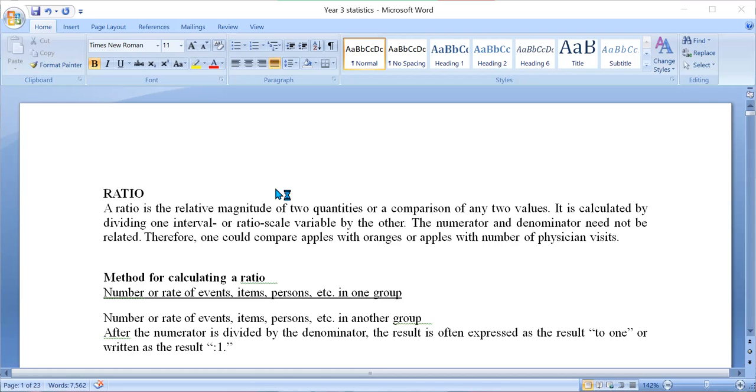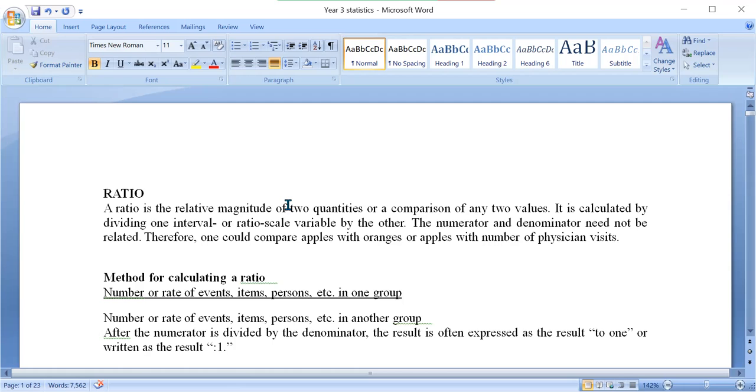The ratio of orange to mango is 1:2. That means for every one orange, there are two mangoes. So that is what ratio is all about. And ratios are very important in epidemiology.